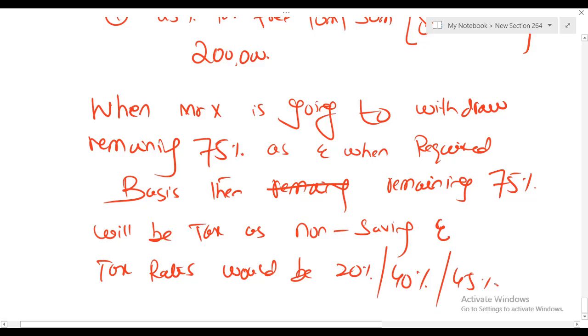It depends on whether, when the individual is taking pension income, at that time he is a basic, higher, or an additional rate taxpayer?